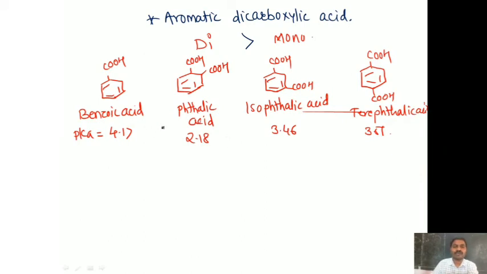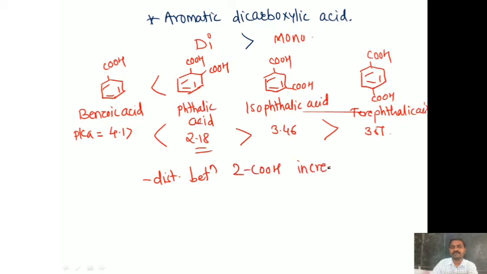So monocarboxylic acid is less acidic than this dicarboxylic acid, but here phthalic acid is stronger acid than isophthalic acid, and isophthalic acid is stronger acid than terephthalic acid, because as the distance between two carboxylic acid groups increases, minus I effect goes on decreasing.